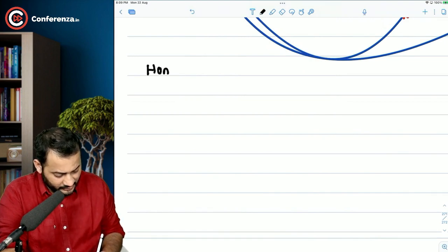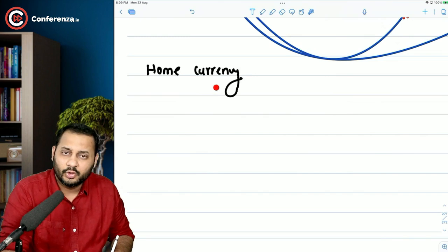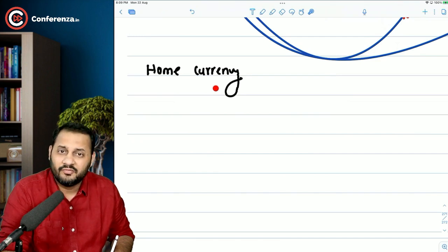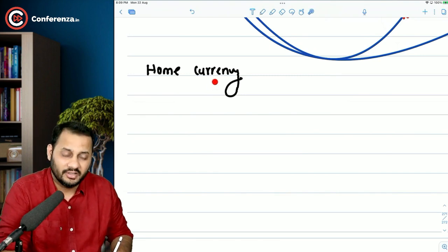there is one thing called home currency. Okay. So if you are Indian, your home currency is INR. If you are American, your home currency is USD. If you are Australian, your home currency is Australian dollar. So home currency is the currency of your country.